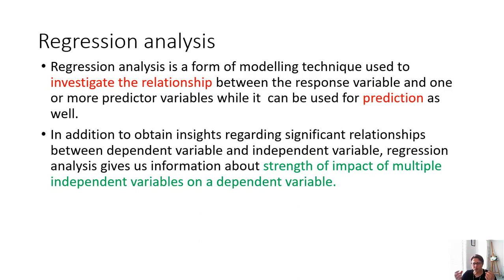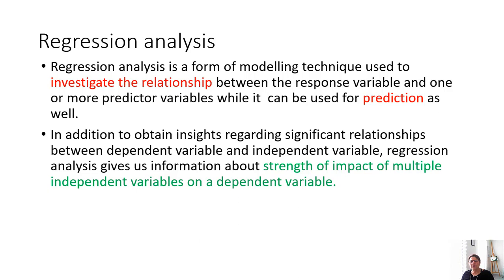When you have two variables, the simplest one that you can always remember would be height and weight. So we want to know the relationship between height and weight for a set of people. Height will be the predictor variable and weight would be the response variable.